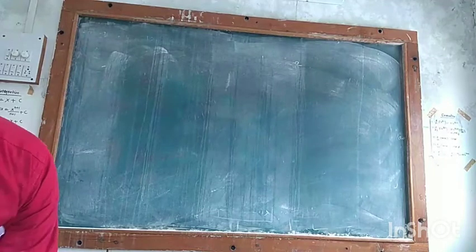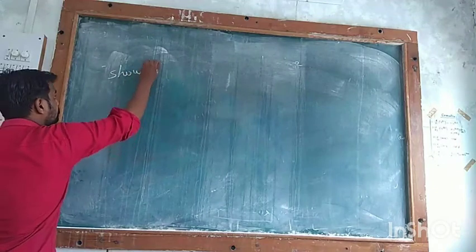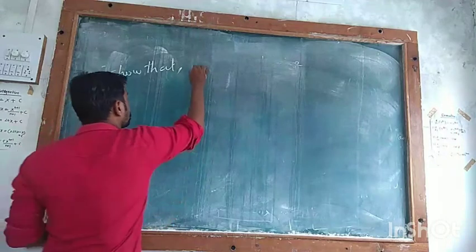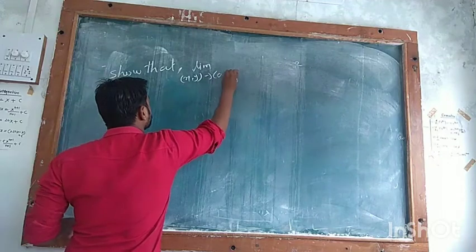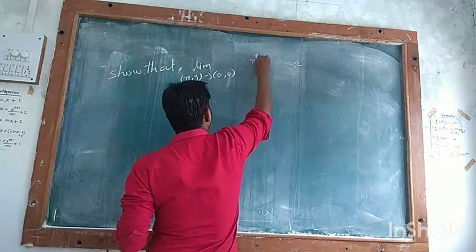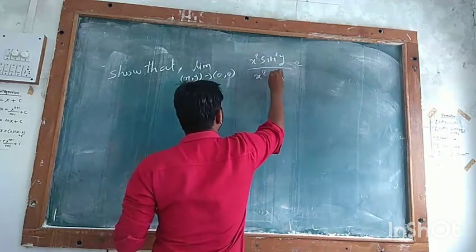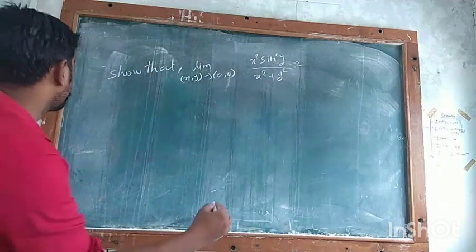Now we see the example. Show that limit as xy tends to 0 0 of x square sin square y upon x square plus y square is equal to 0.